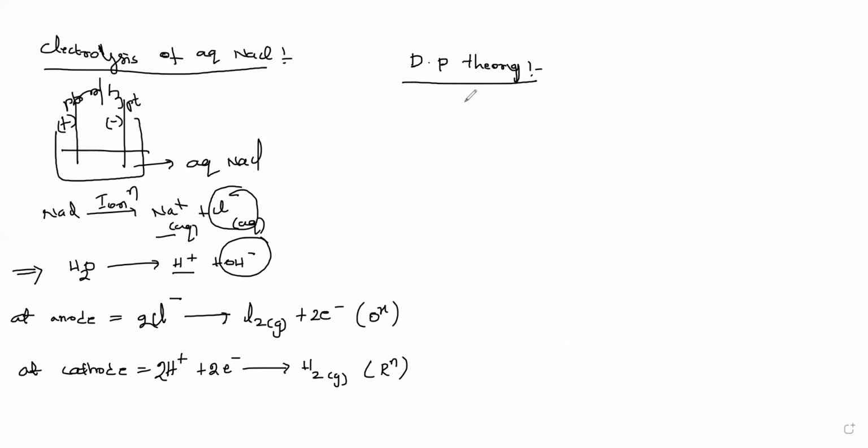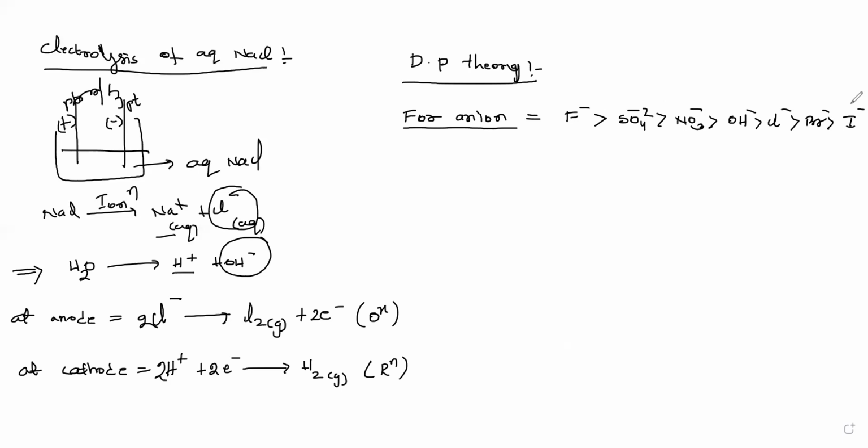For anions, I am writing the order of discharge potential of different anions: first F minus, then SO4 minus 2, then NO3 minus, then OH minus, Cl minus, Br minus, and I minus.